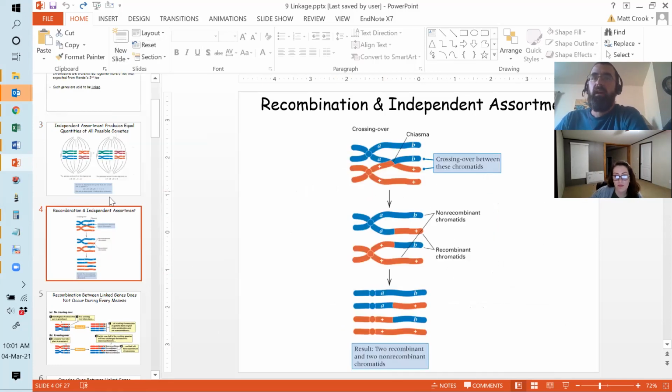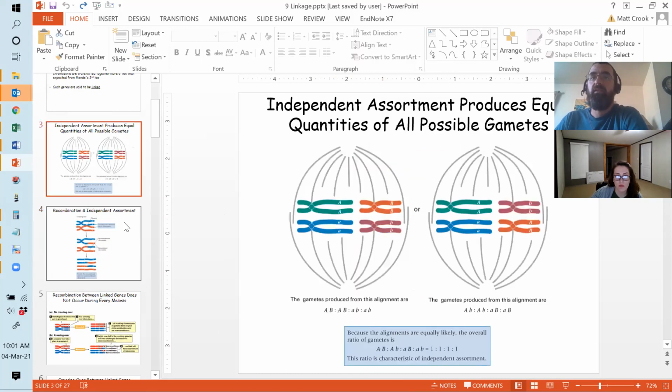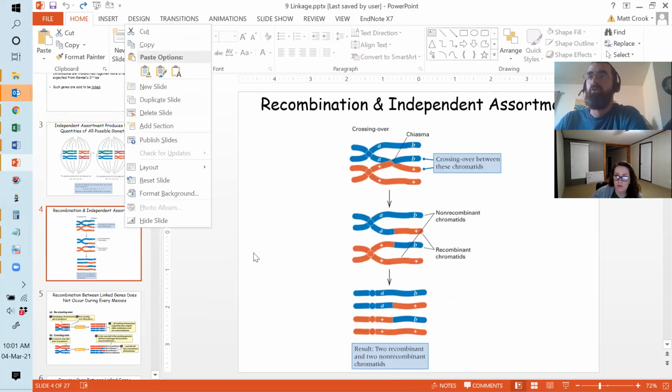Now that obviously has an additional wrinkle if those genes are on the same chromosome. So now what we have is a recombination event. This always occurs every round of meiosis 1. This is what holds together the homologous chromosomes up until metaphase 1. Without it, they'll just get pulled apart and the whole caboodle wouldn't work.